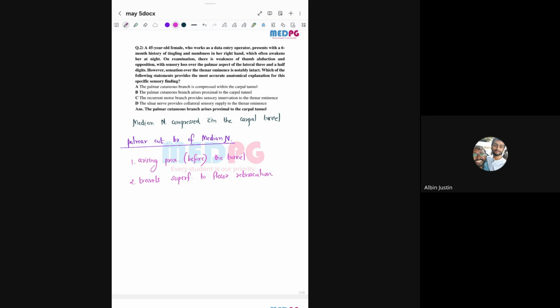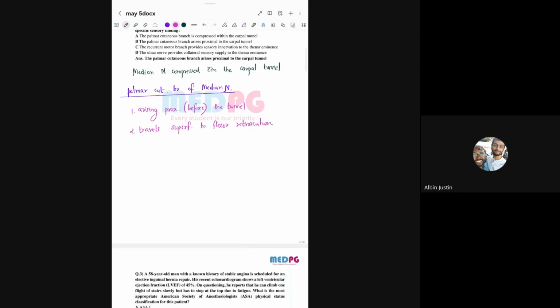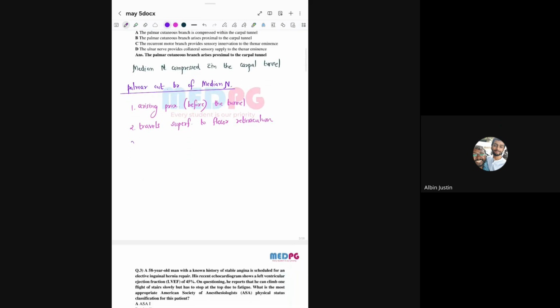What are the superficial relations? One is the palmar cutaneous branch of the ulnar nerve.